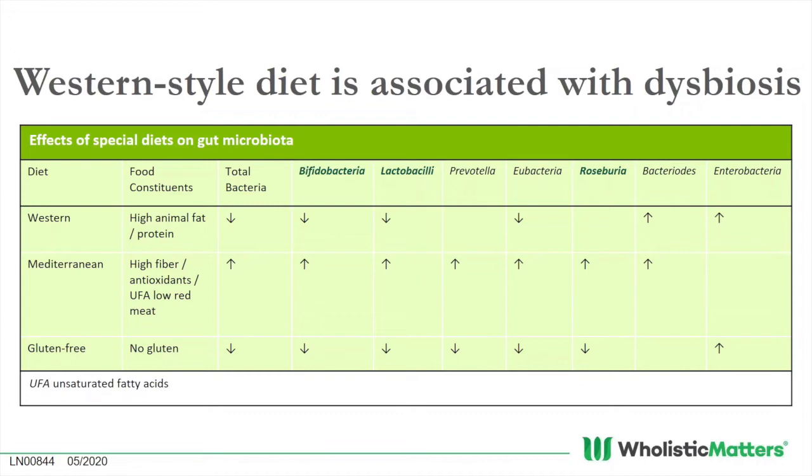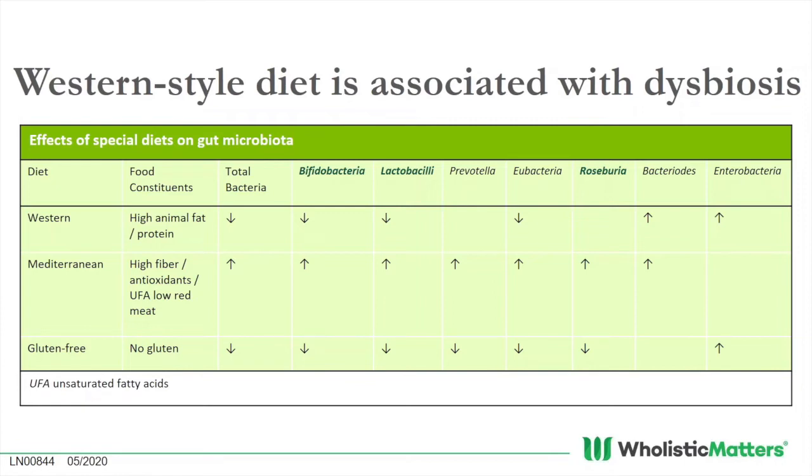And how do these different conditions, this dysbiosis, relate to the various stimuli that we have? One of the key effectors of the microbiome is diet. So when you look at diet, what sorts of diets are associated with this dysbiosis? You have the Western diet, that SAD diet. In the SAD diet, you see a decreased number of total bacteria. The bacterial diversity is affected directly.